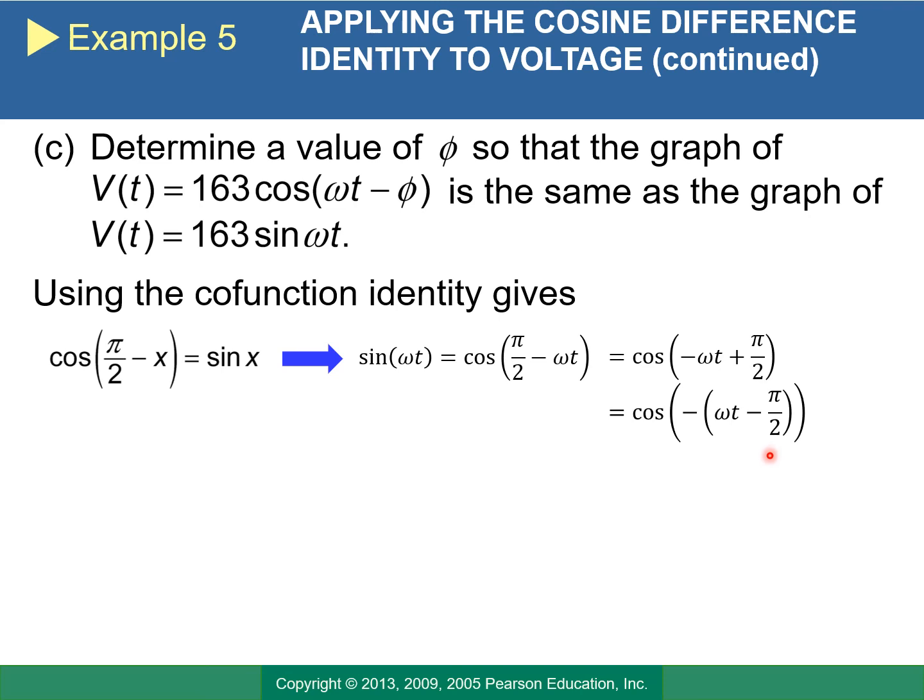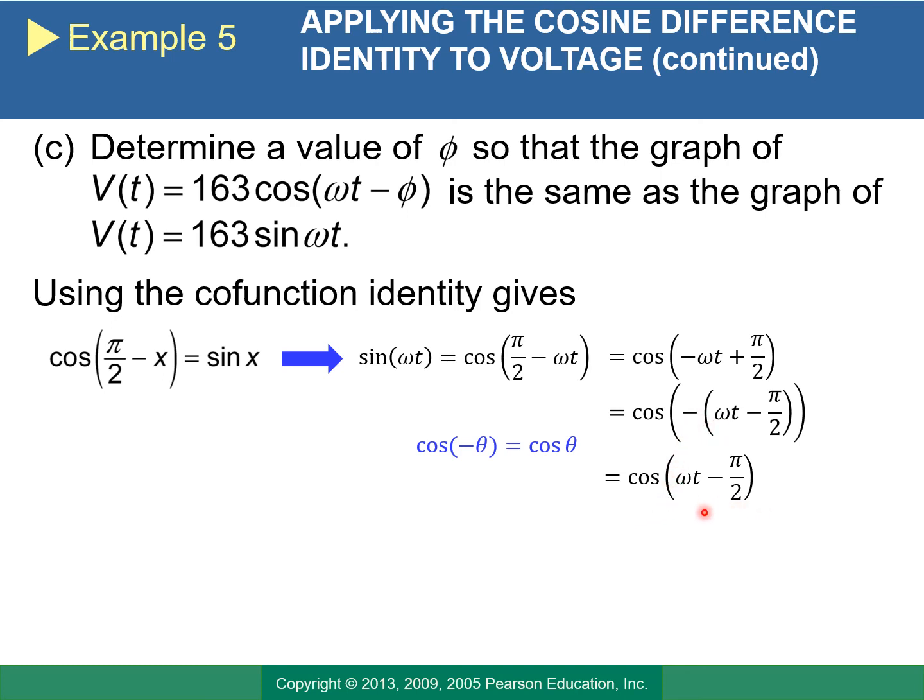And it is, but let me just remind you why this is going to be the answer. Even though we have this minus sign here, recall what we know about cosine. Cosine is an even function. So if you have cosine of negative theta, it's actually the same value as cosine of positive theta. So what that lets us do is basically just forget the minus sign here. It's going to be the same value.